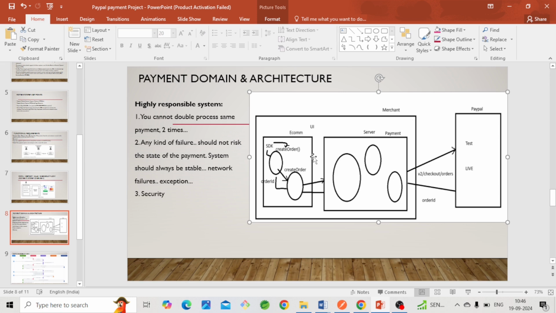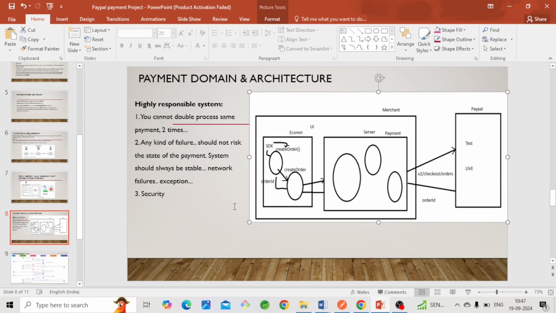This e-commerce has a front end and a backend, and again I am telling you, we are not developing any front end. In our project we are focusing on the backend system. Whatever payment system we are designing, it is a highly responsible system. You cannot process the same payment two times; we are not allowing a double payment in a payment system.